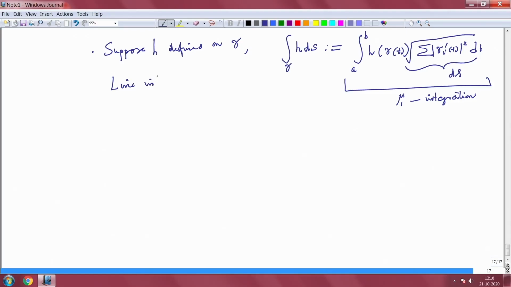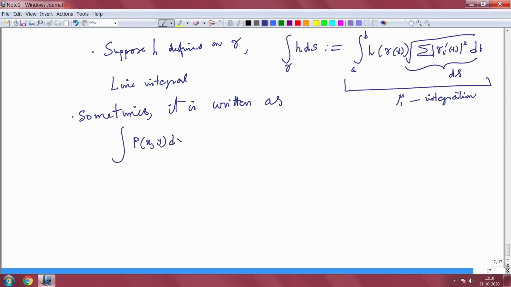This is called the line integral, and sometimes it is written as the integral over gamma of p(x,y) dx plus q(x,y) dy. You have to be careful with this notation. I want to write this because this is where I will write my theorem. The first one is not integrating with respect to x or y.